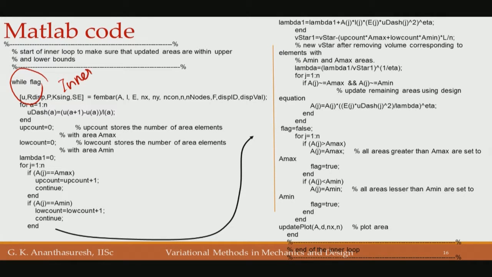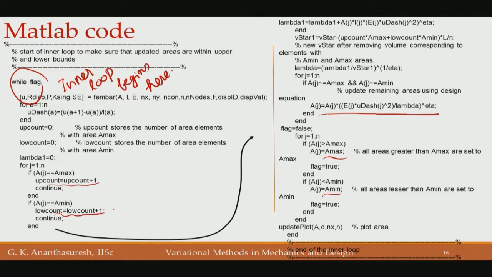The inner loop that we discussed in the slide, you should go through it carefully. Inner loop begins here, that goes where you check whether it is exceeded or not. When it does not exceed, you update using our usual design equation, otherwise you set it to a max and a min, and then check first when you come, if anything has gone, you assign it, and your up count, that is how many elements have reached a max, and then how many have reached the lower bound a min or a u and a l.